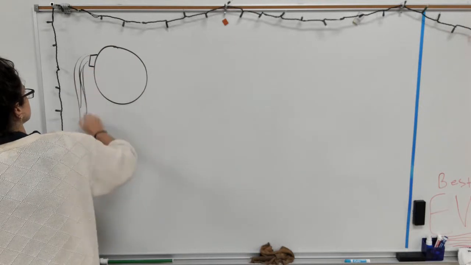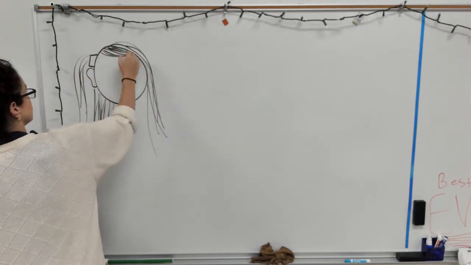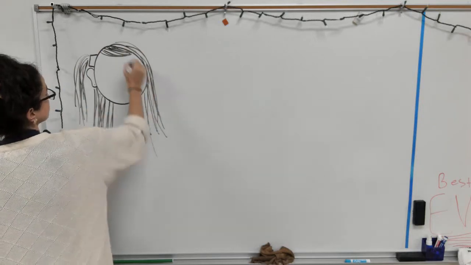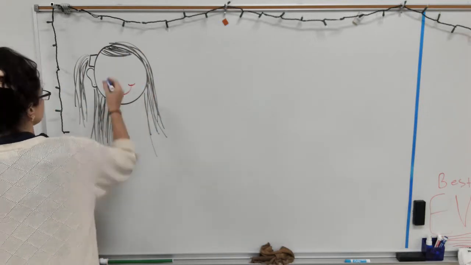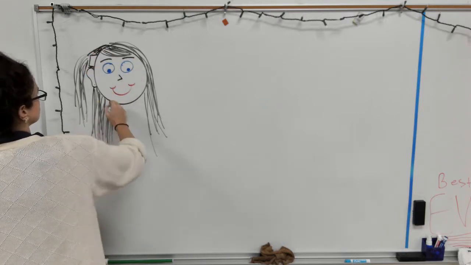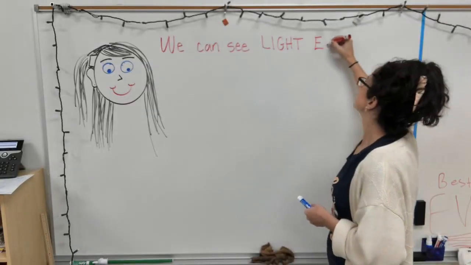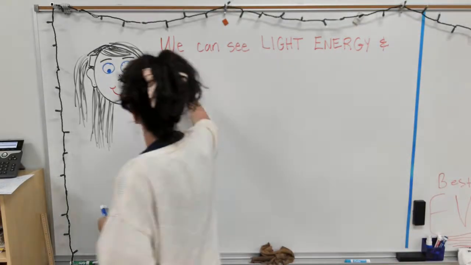In these next couple of demonstrations, I'm going to show you some more examples of how light travels in a straight line. Now, light will continue traveling in a straight line until it hits an object.